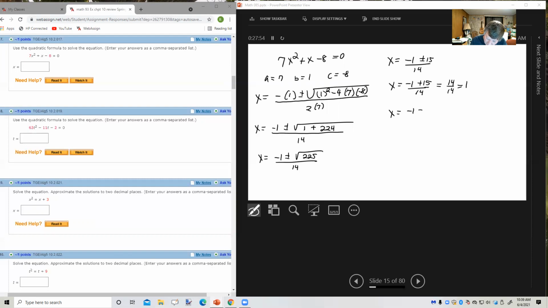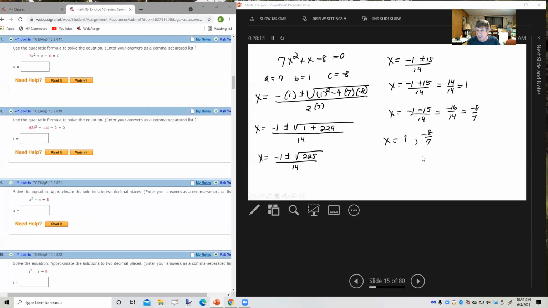X equals negative 1 minus 15 over 14, which is negative 16 over 14, or negative 8/7. So x is what? 1 and negative 8/7.